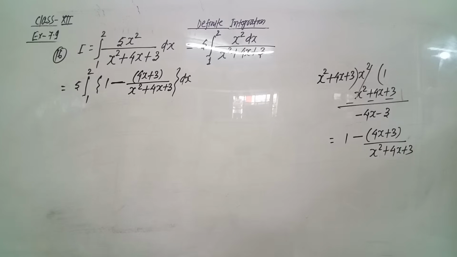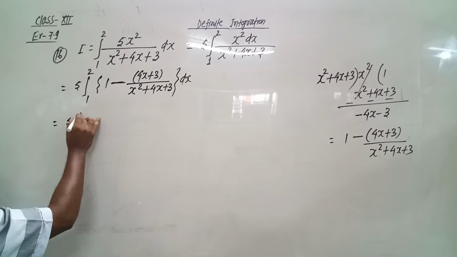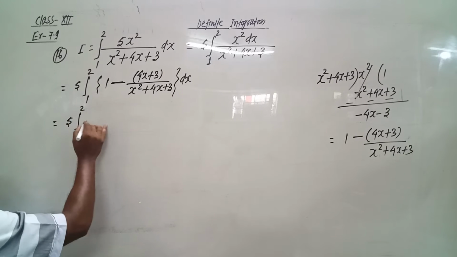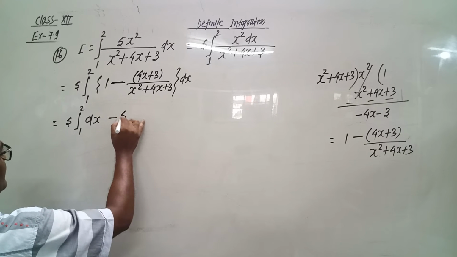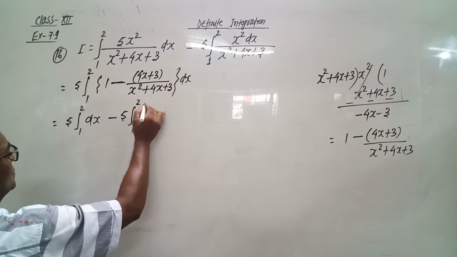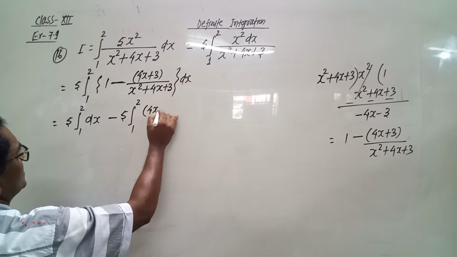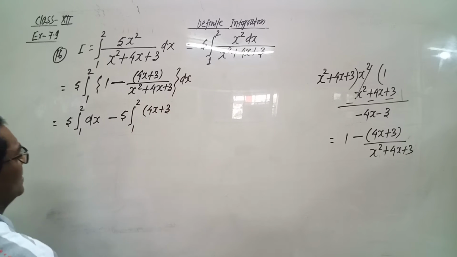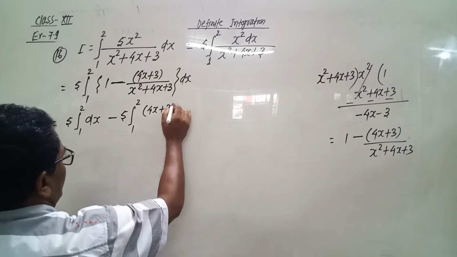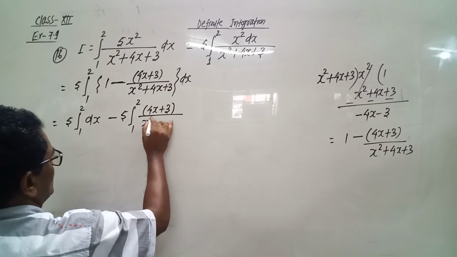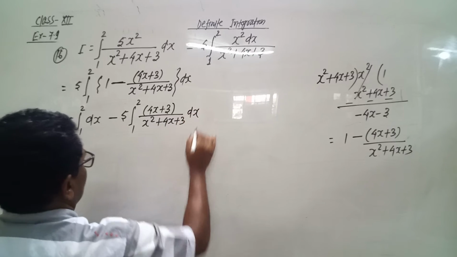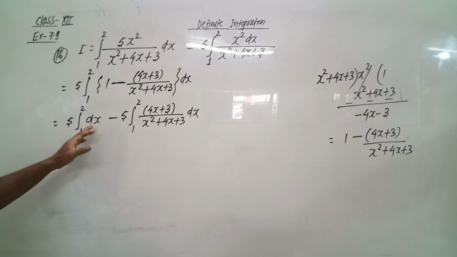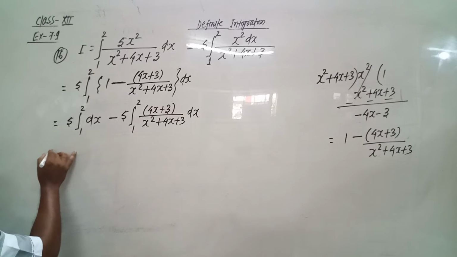Now we separate both the terms. So 5 integration limit 1 to 2, 1 into dx, minus 5 integration 1 to 2, (4x plus 3) upon (x square plus 4x plus 3) dx. Then the integration of dx is x.